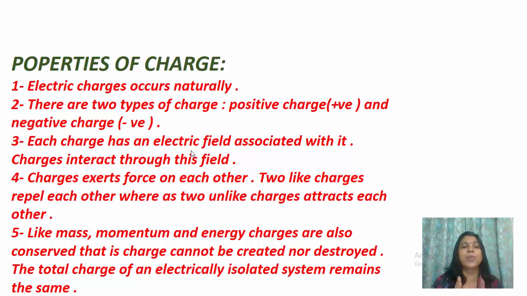Two like charges repel each other means if two negative charges or two positive charges are brought together, they will repel. In the same way, as in case of magnets, two like poles, that is north-north or south-south, will repel, whereas two unlike poles, that is north-south, will attract. So if a positive and a negative charge are brought together, they will attract. If two positive charges are there, they will be repelled.